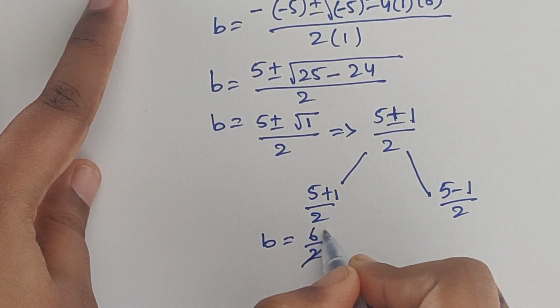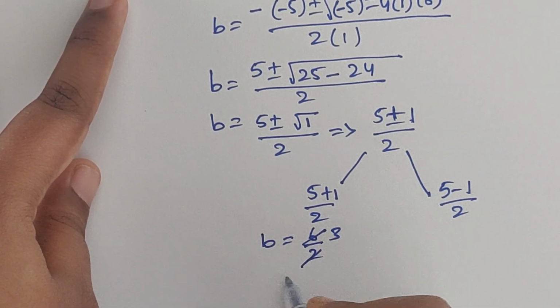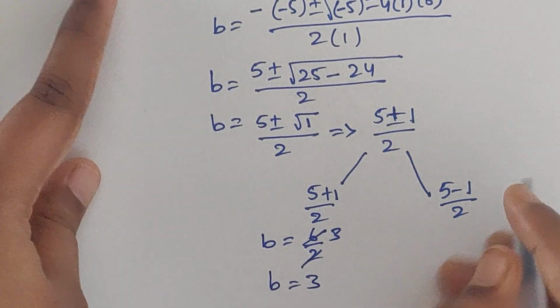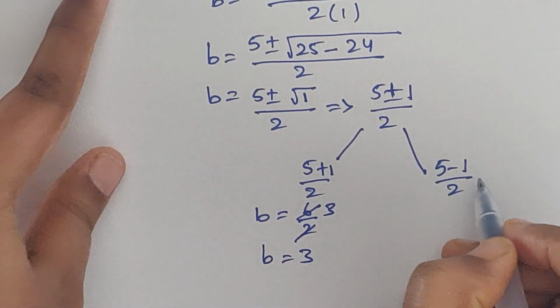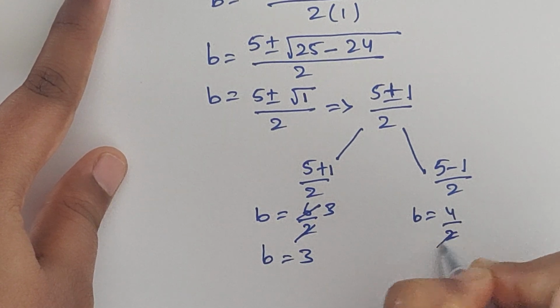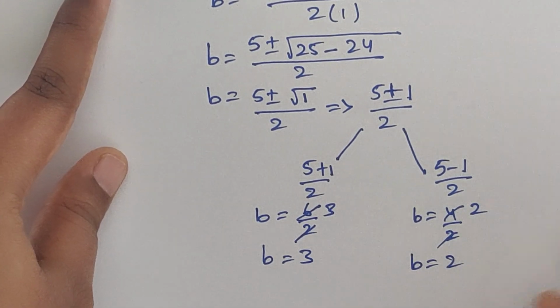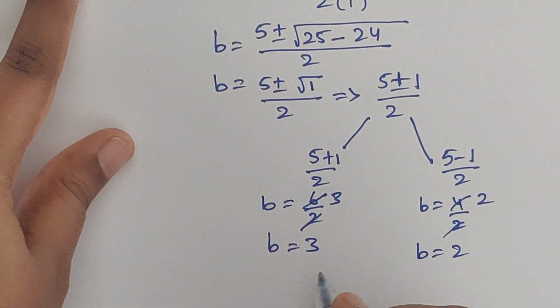So 2 times 3 equals 6. So b equals 3. And 5 minus 1 which is equal to 4, 4 by 2. So 2 times 2 is equal to 4. So b equals 2. So we got the b values.